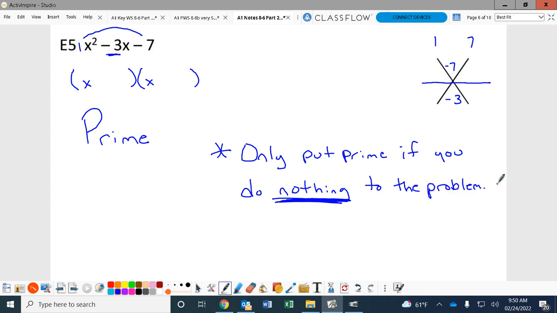The only time that you are going to put prime as your answer is when you can do absolutely nothing to the problem. We were not able to do anything to this problem. That's why it's prime. If you can take out a GCF, it's not prime. If you can do anything to it, it is not prime. It's only when you can't do anything to the problem.